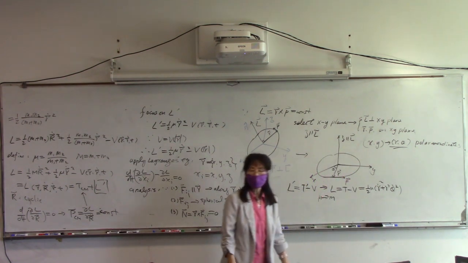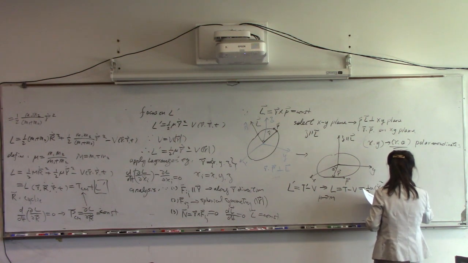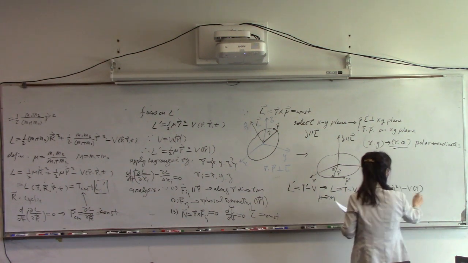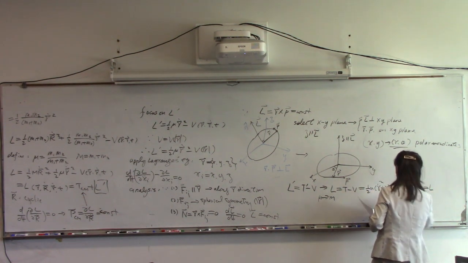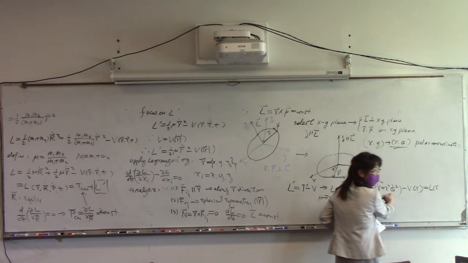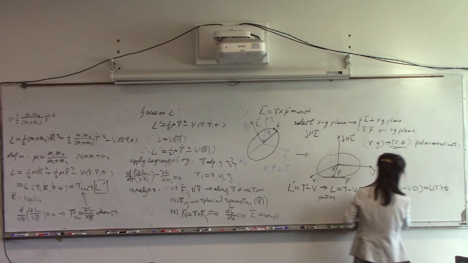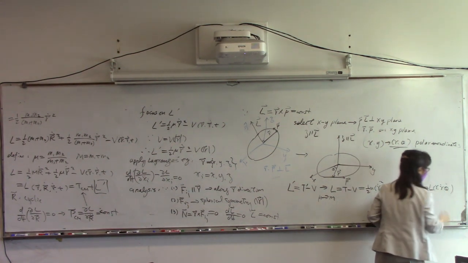That is the kinetic energy in polar coordinates, and the potential energy is a function of r. So this is a function of r; we do not have theta, we have r dot and theta dot, and it does not depend on time explicitly.